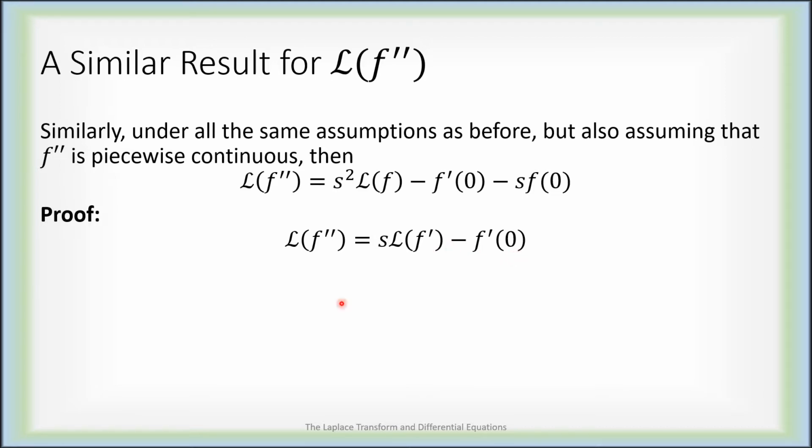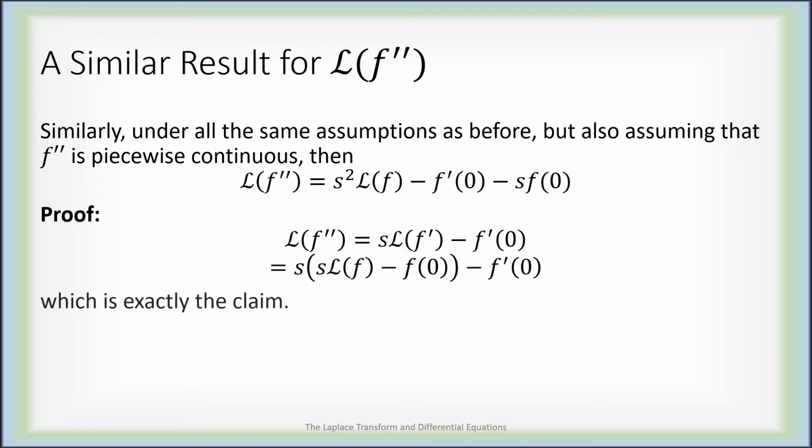We've already proved this. And now we're just going to apply this theorem again to L of f prime. L of f prime is s times L of f minus f of 0. Once I distribute everything out, we get exactly the claim: s squared L of f minus s times f of 0 minus f prime of 0.